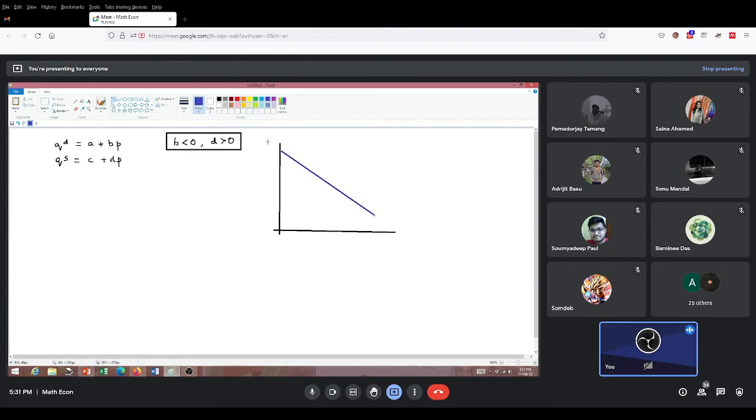This is the demand curve, right? And this is the supply curve. Okay, so can you tell me what A and C are?